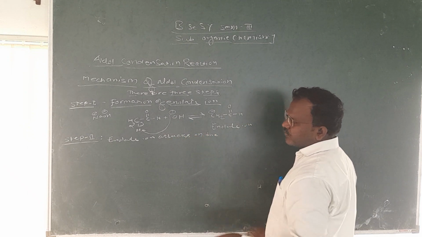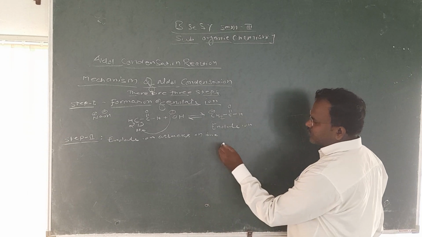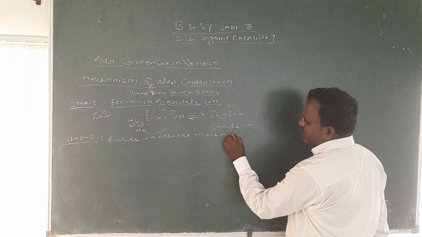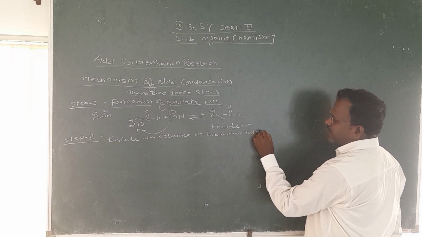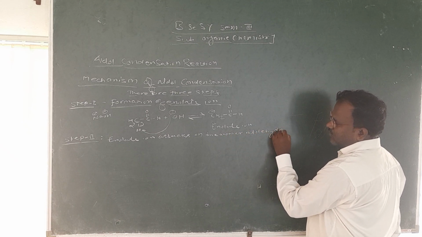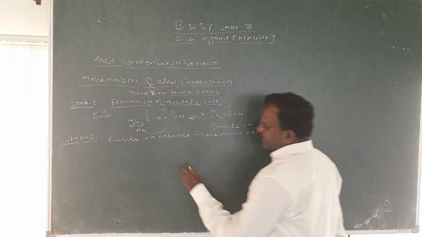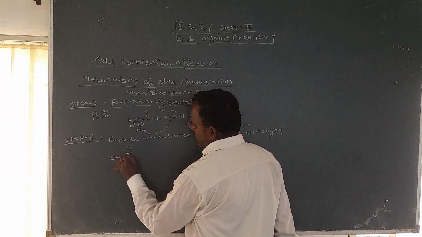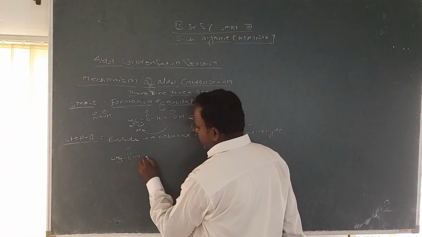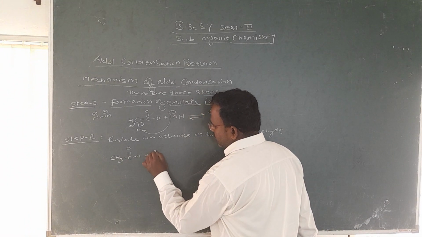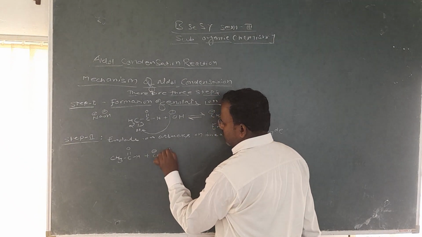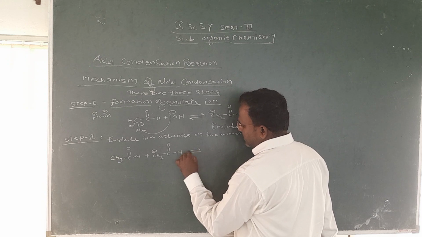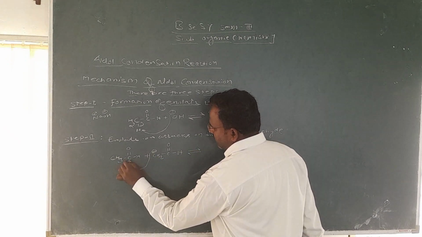That is, we have used 2 moles of aldehyde molecules. The enolate ion attacks the other aldehyde. This is also a reversible reaction.